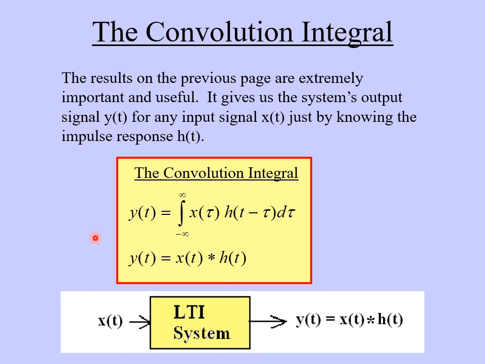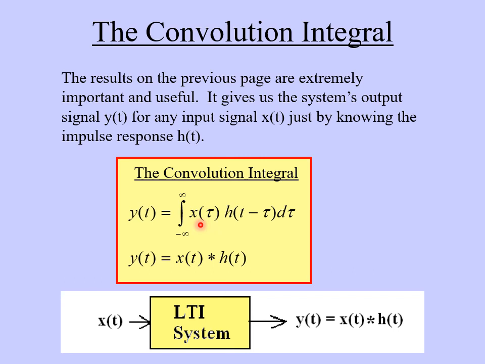The results on that previous page are extremely important and useful because it gives us the system's output, which is y of t, for any input signal x of t, just by knowing the impulse response h of t. So the convolution integral, in all of its gory details, is shown here.